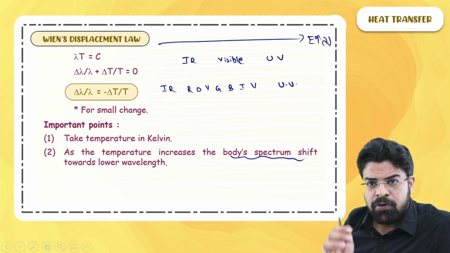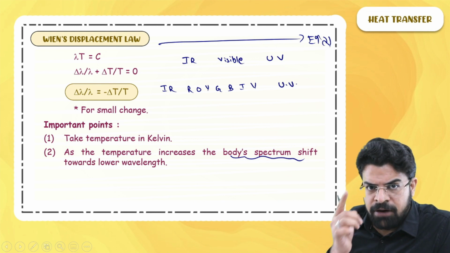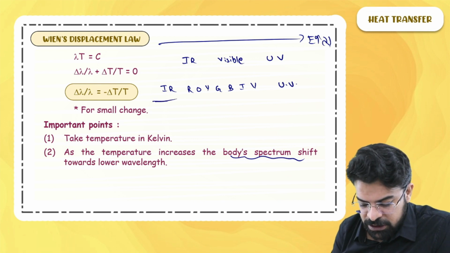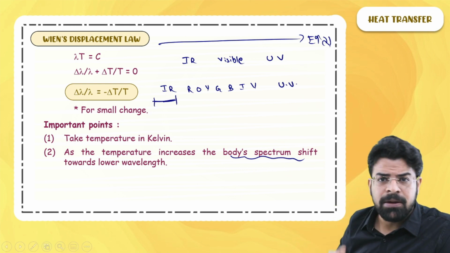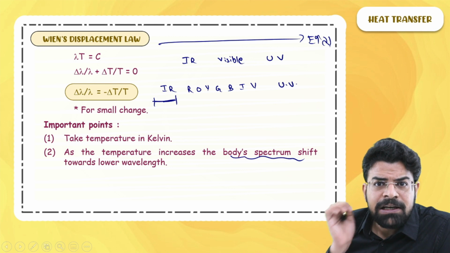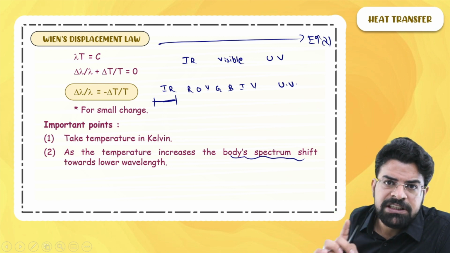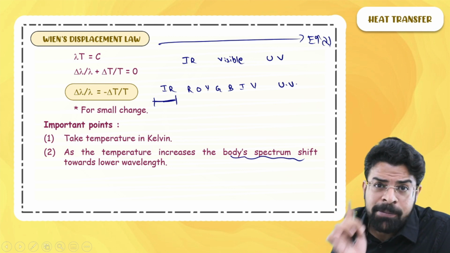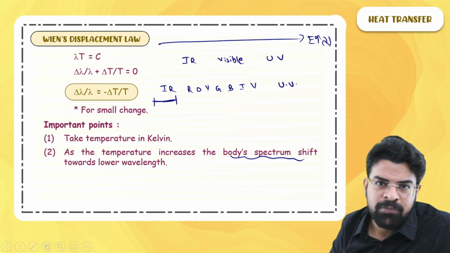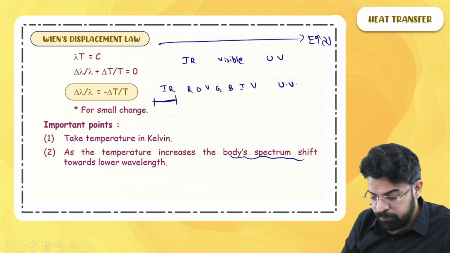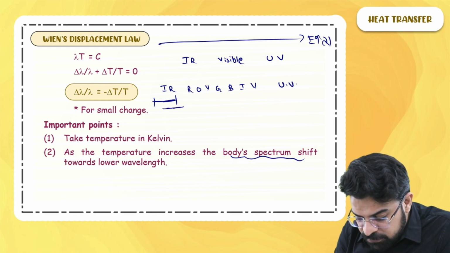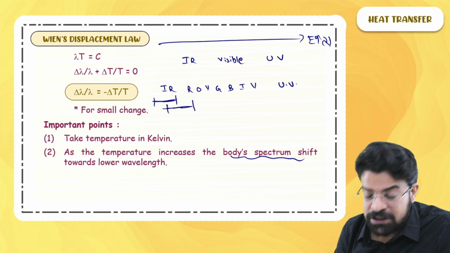Now, if we have any metal object in our room, it is giving radiation with dominance in the infrared region. If you heat it up, I can promise you, despite the type of metal, the first color it emits when it starts glowing is red. Why? Because on heating, the spectrum shifts towards lower wavelength, so the first visible color that gets into the spectrum is red.